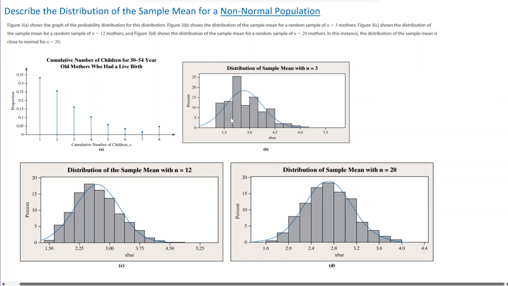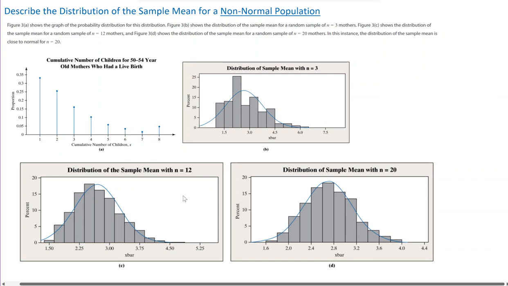So just like we saw a moment ago in our simulation, here we're looking at a skewed distribution from the population. And when my sample size is relatively small, at only a size 3, the sample mean distributions are still somewhat skewed.